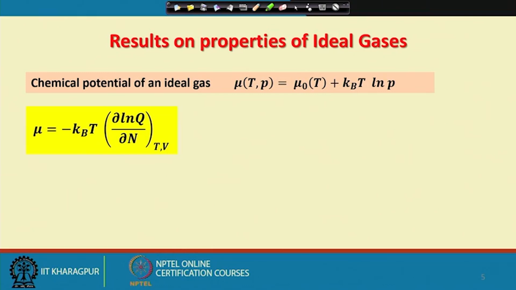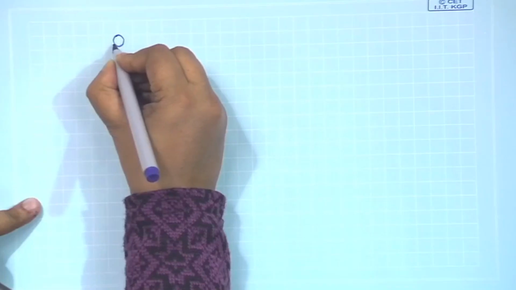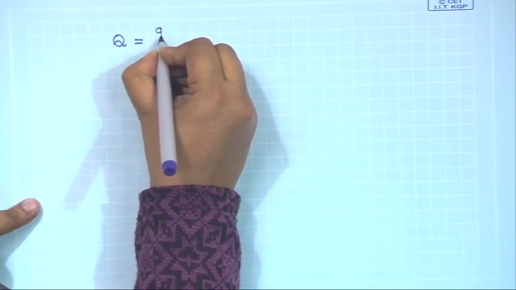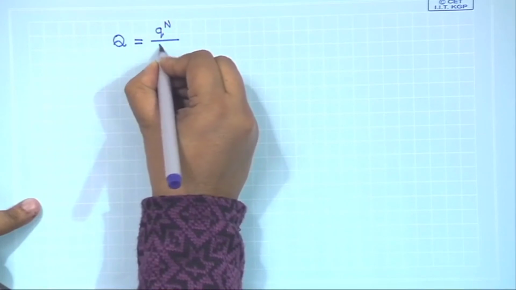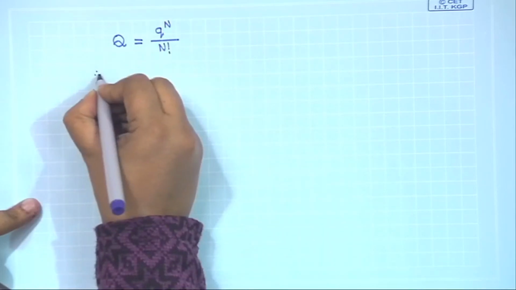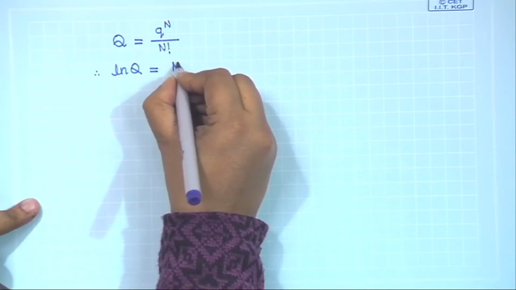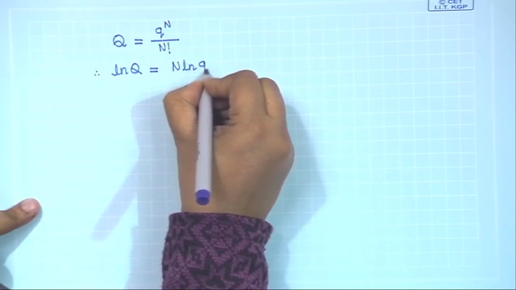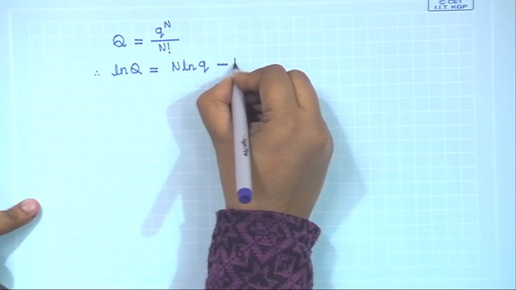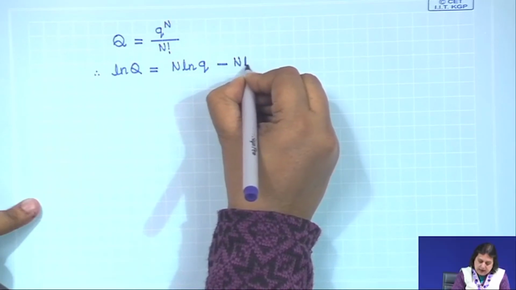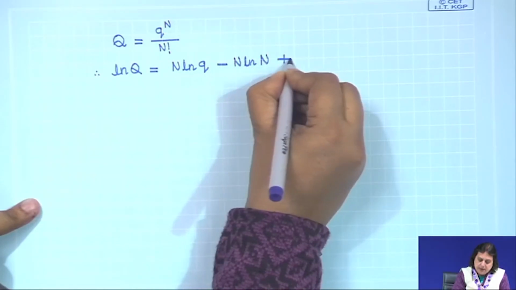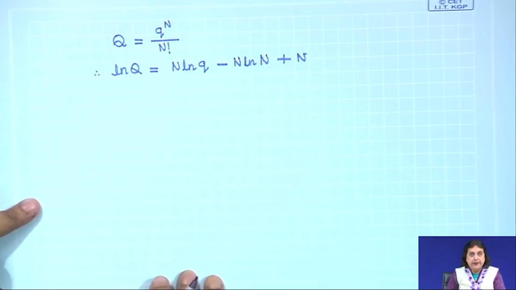Now, if I want to evaluate this for the ideal gas, I write down that capital Q is equal to small q to the power of n divided by n factorial. So, what is ln Q? That is the quantity that I require. This can be written as N ln q minus N ln N plus N. Okay.